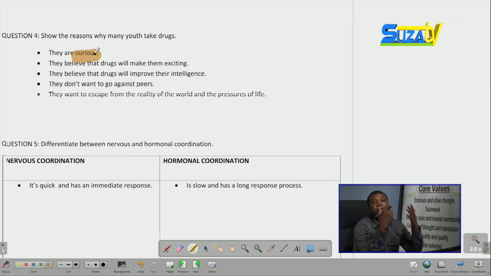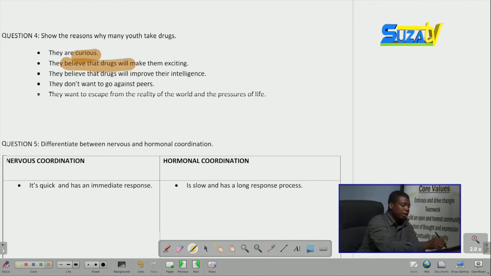For instance, many people hear that using marijuana stimulates the senses but also gives you hallucinations. So many people would want to know how these hallucinations occur, and they begin to take drugs to experiment on what would happen.